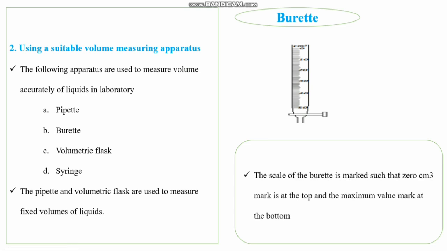The scale of the burette is marked such that the 0 mark is at the top and the maximum value mark is at the bottom. So if you release a certain volume of liquid, you just count from the top. If you release 25, you count from the top, the empty part, until where the meniscus of the liquid is.